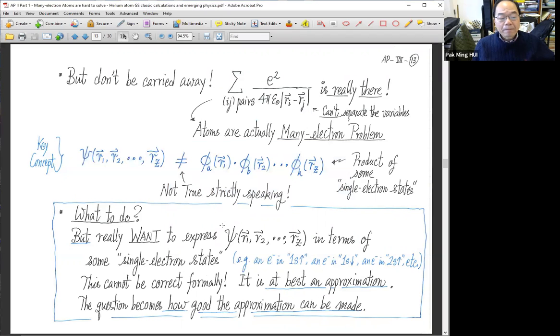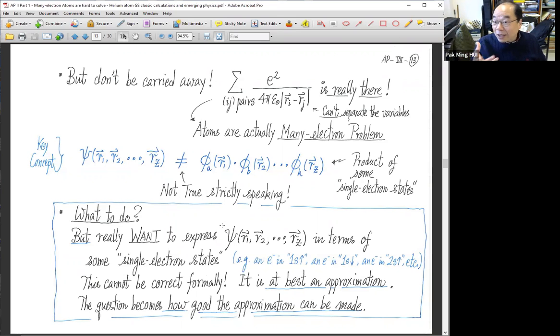So what to do? Either we give up, go home, wait for the final exam, or we move on to do something using the approximation tools in our toolbox. Of course, we have the whole subject of chemistry.